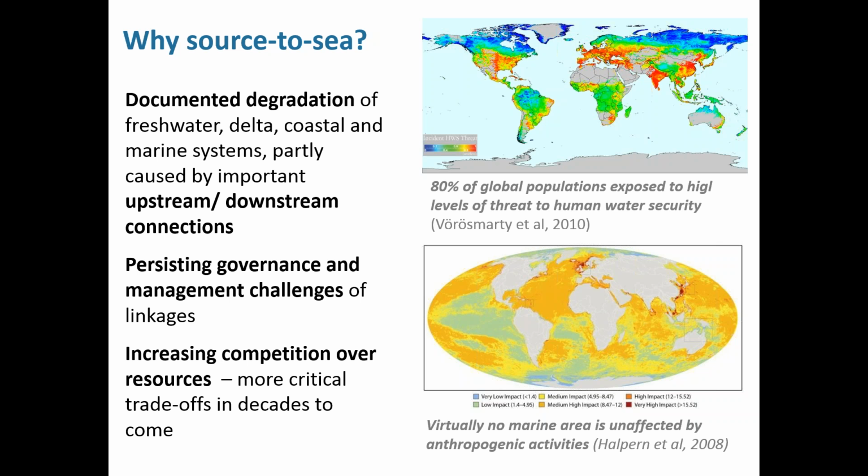And the trend for the future is pointing towards an increasing competition of resources and the need for even more critical trade-offs when it comes to resource distribution: land, water, energy, food resources. We need to do better, and we need more knowledge and more experience on how to manage resources sustainably, all the way from the source to the sea.